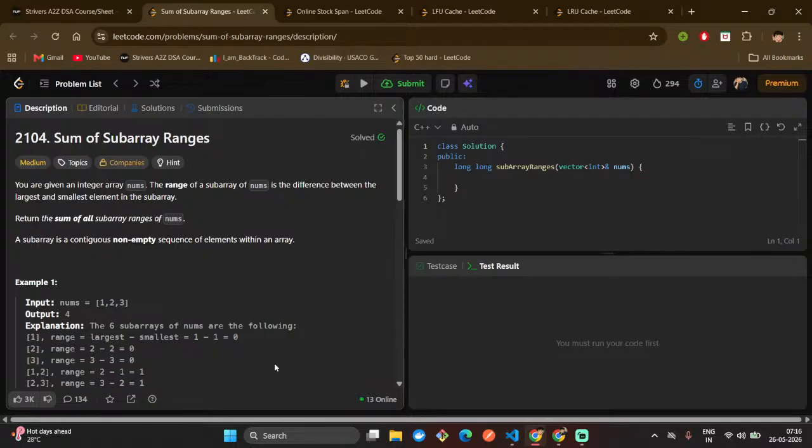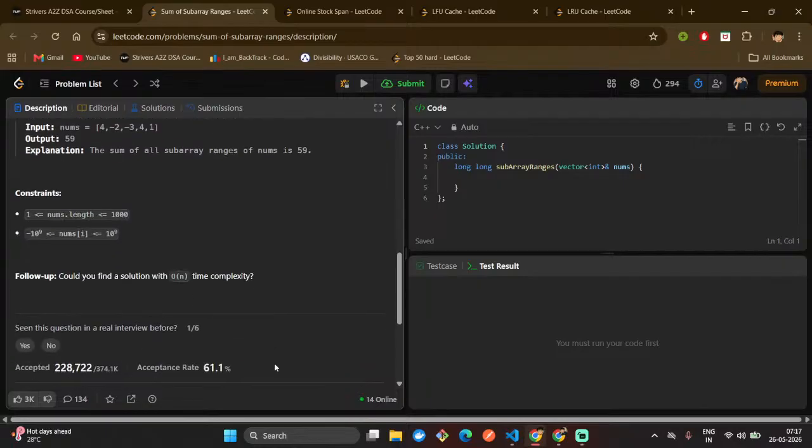We can build it using the brute force approach, right?